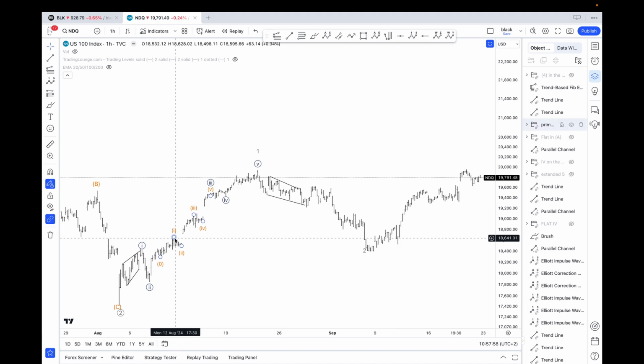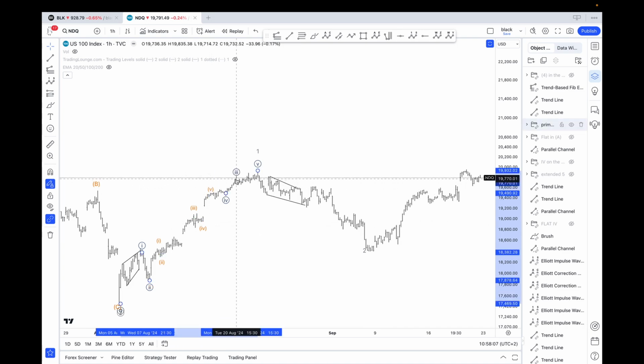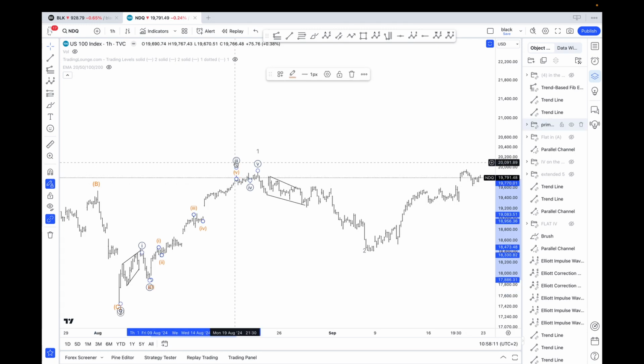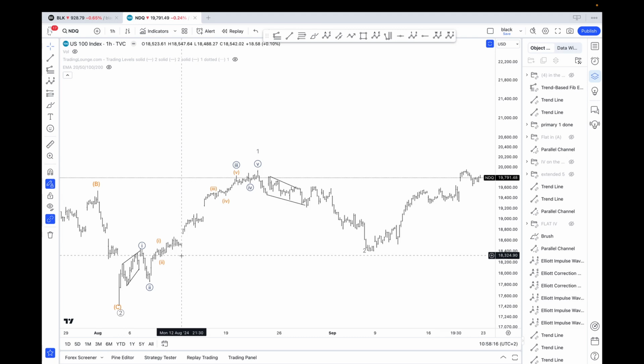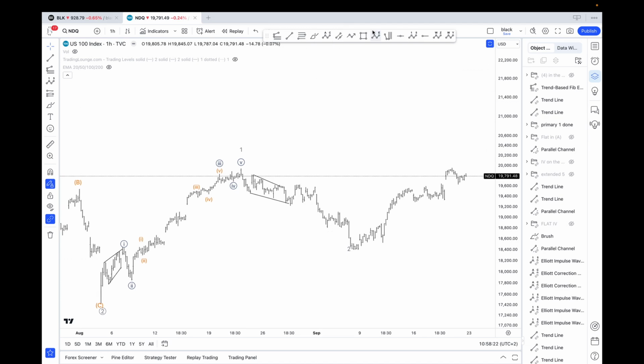Maybe you can even put wave 1 here. 1, 2, 1, 2, 3, 4, 5. 3, 4. So 1, 2, 3, 4, 5 into 3, 4, 5. I guess you could squeeze it.